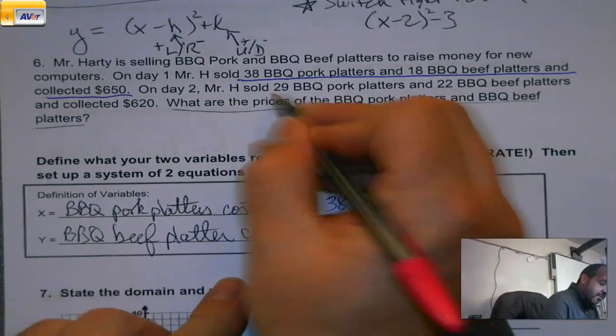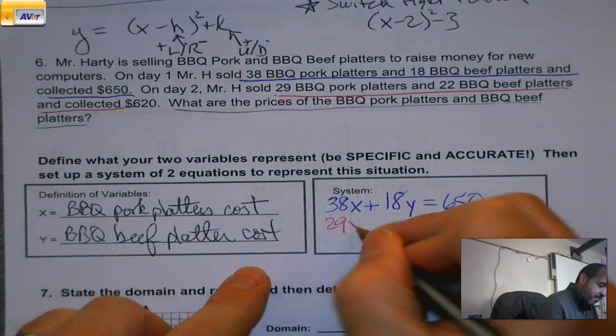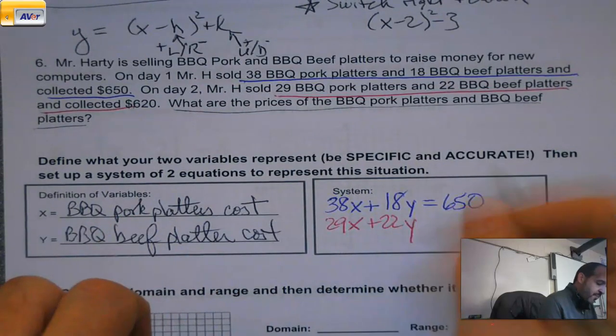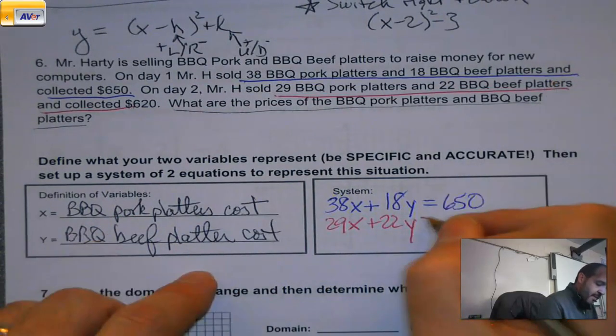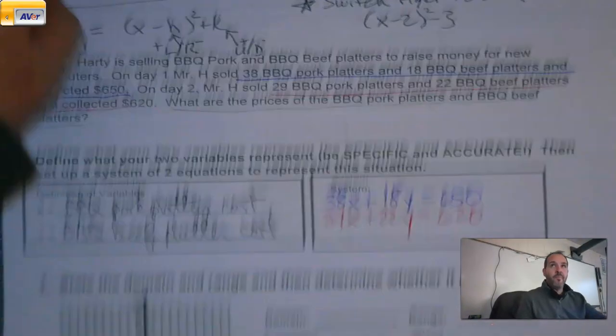And I find the other sentence with numbers. 29 pork plus 22 beef equals 620. You do not have to solve, just set them up. Variable setup, system setup, we're good to go.